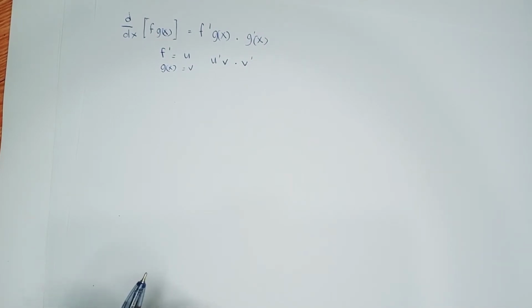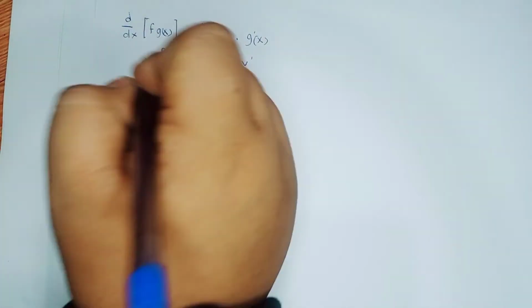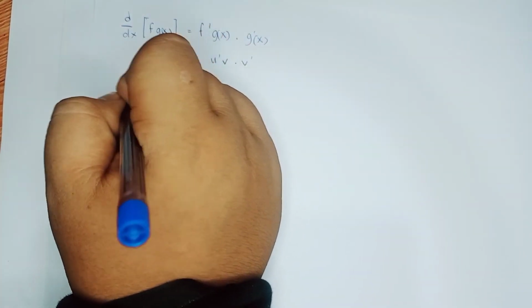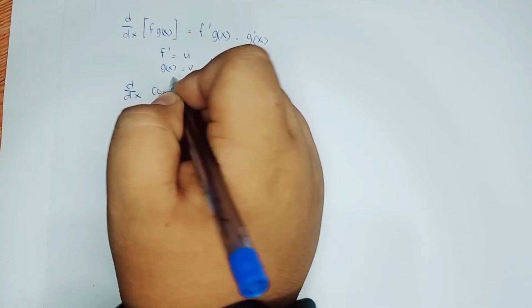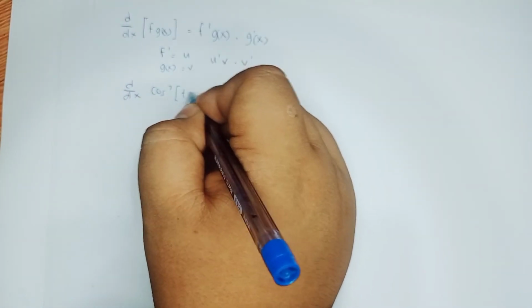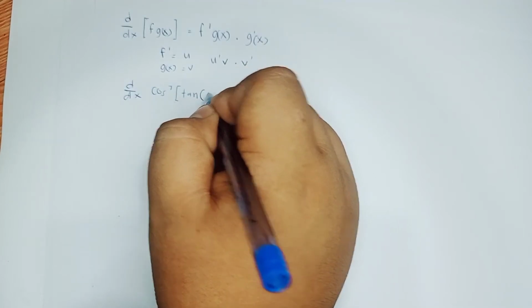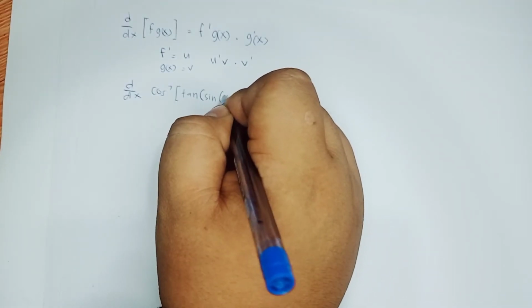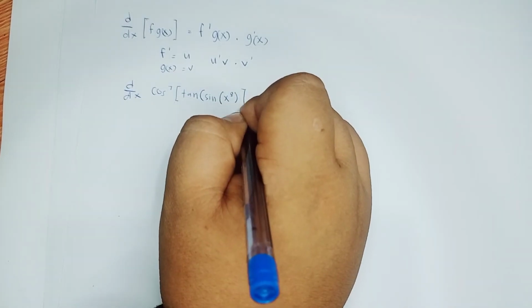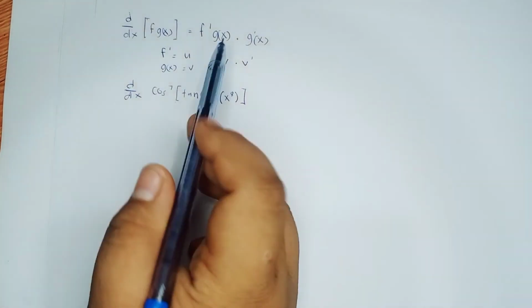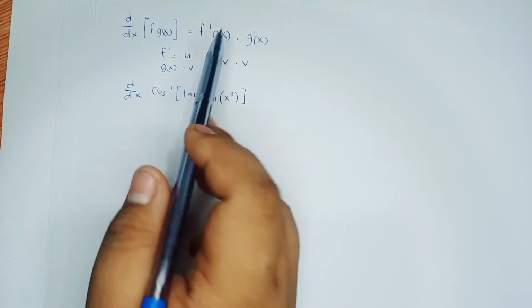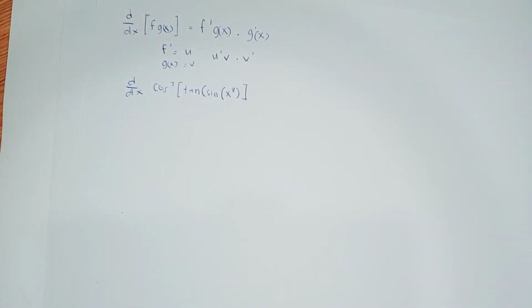So the equation is something like this: the derivative of cosine raised to 7 of tangent of sine of x raised to 8. Since our function is a composite function, we will be using this formula to answer this equation.